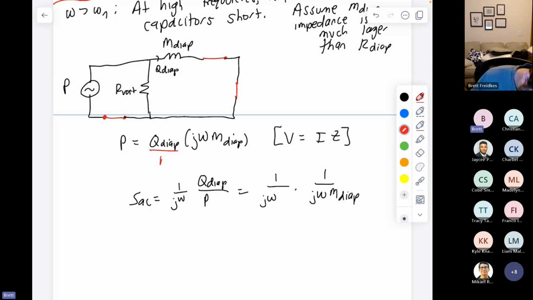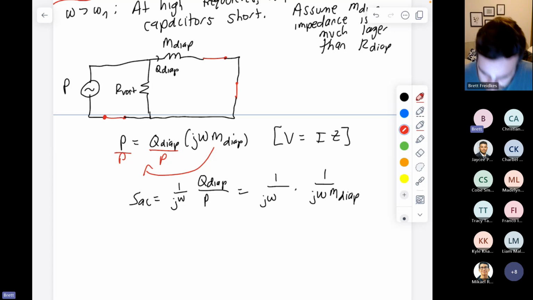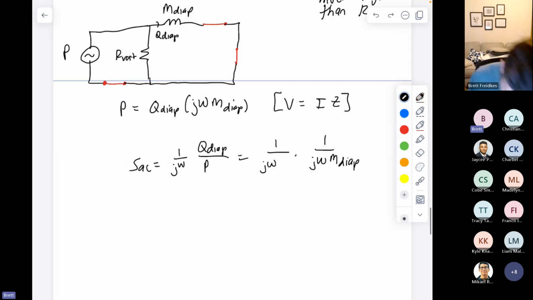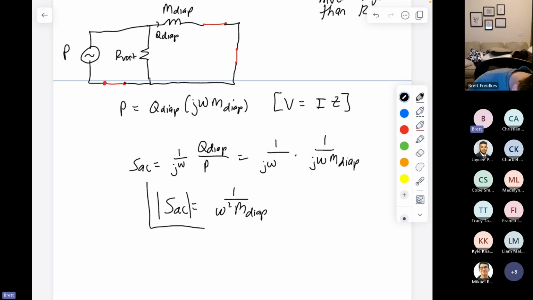Basically, I divided both sides by P, and then I brought that over to the other side to give me the ratio of Q to P. And this tells us that our sensitivity is going to be 1 over, and if we're looking at magnitude, the negative sign doesn't matter, this ends up being 1 over omega squared times the mass of the diaphragm.